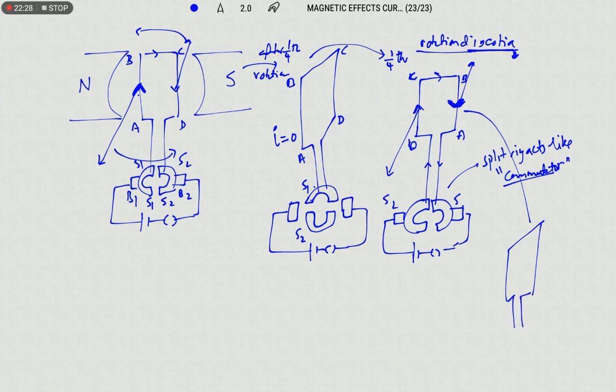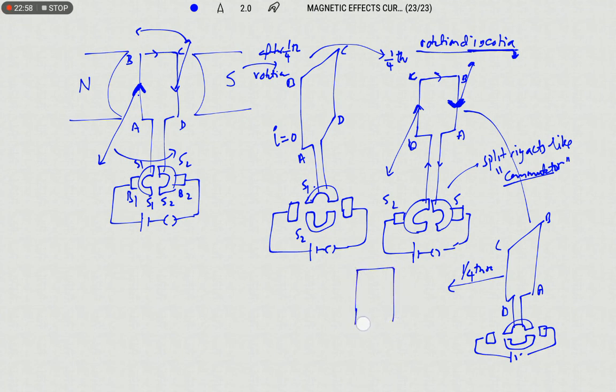So this will be AB, DC, and now there is no contact established between the commutator and carbon brushes. So even though there is no contact, due to rotational inertia, again the coil is going to rotate 1/4 revolution. So after 1/4 revolution, the orientation of the coil reaches the initial orientation.